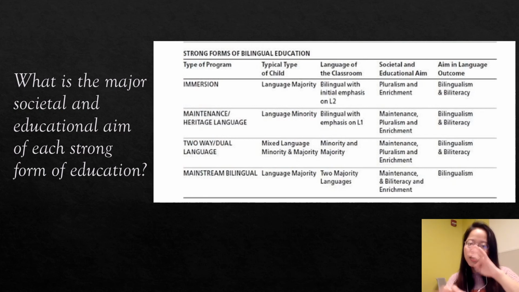So for example, immersion will devote like 40-60, 40% in the first language and 60% in the second, whereas when it comes to dual language, it would be 50-50. 50% of the time would be for the first language, 50% for the second language.